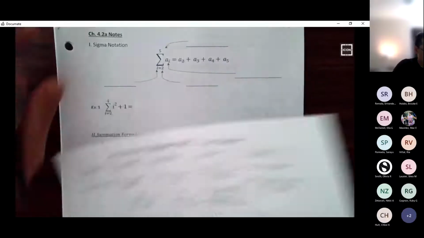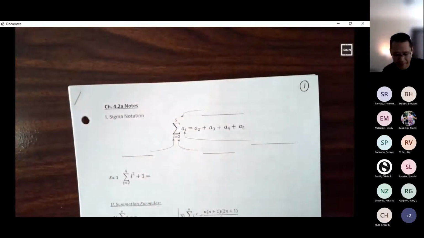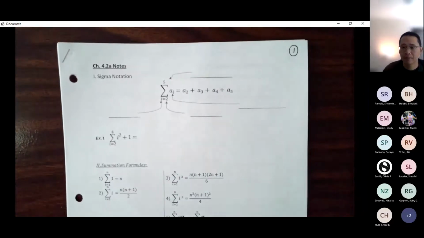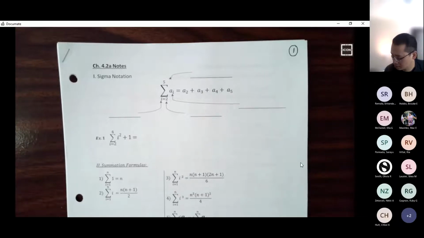All right, so let's start notes for 4.2. Hold on a second.